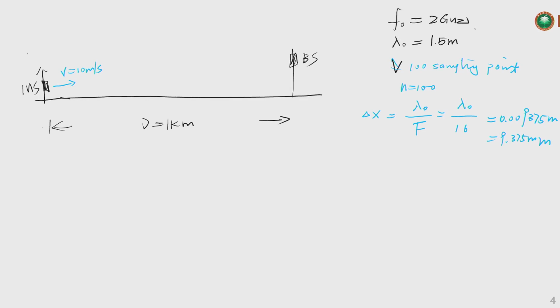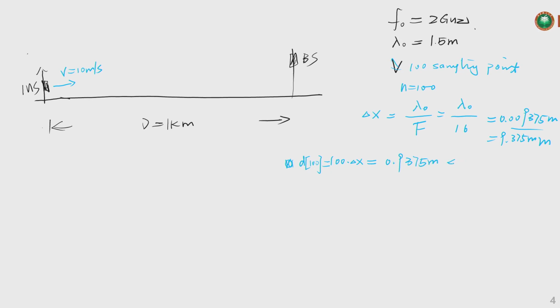If we take 100 sampling points, the mobile user moves over a distance d_100 equal to 0.9375 meter.